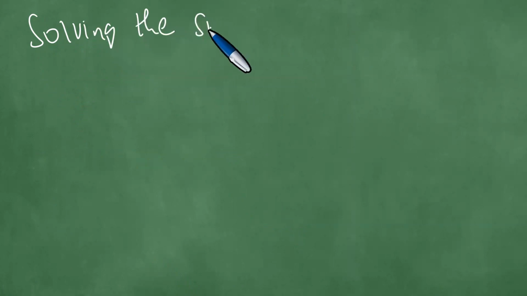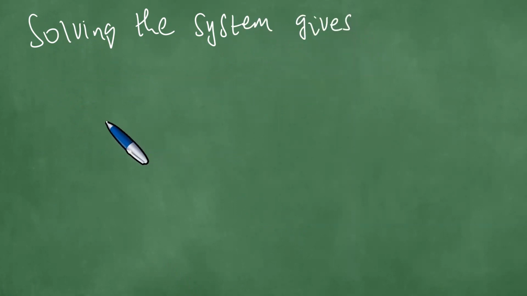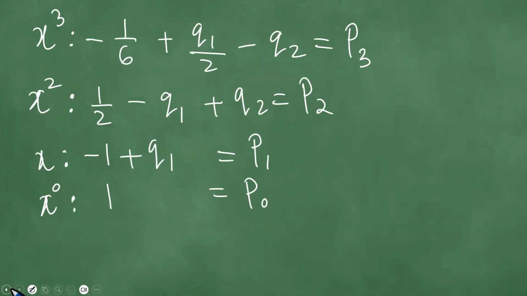Solving the system gives P1 equals. So in other words, right now, we need to solve for the system. It gives a P naught. What is P naught? Is 1.